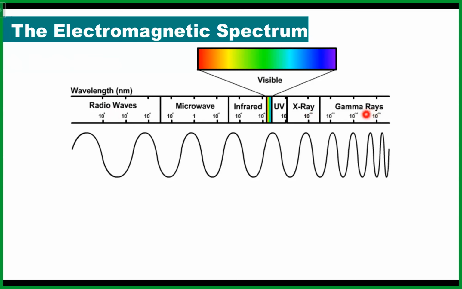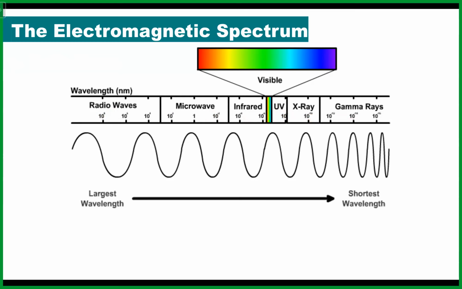So this is the electromagnetic spectrum. It starts off with radio waves and then microwaves, infrared radiation, visible light, ultraviolet, X-rays, and gamma rays. And why is it important to memorize this spectrum? It's because when you go from one end to the other end of the electromagnetic spectrum, there are certain patterns shown in these waves. For example, if you start off with this end of the electromagnetic spectrum, you can see how the radio waves have an extremely high wavelength.